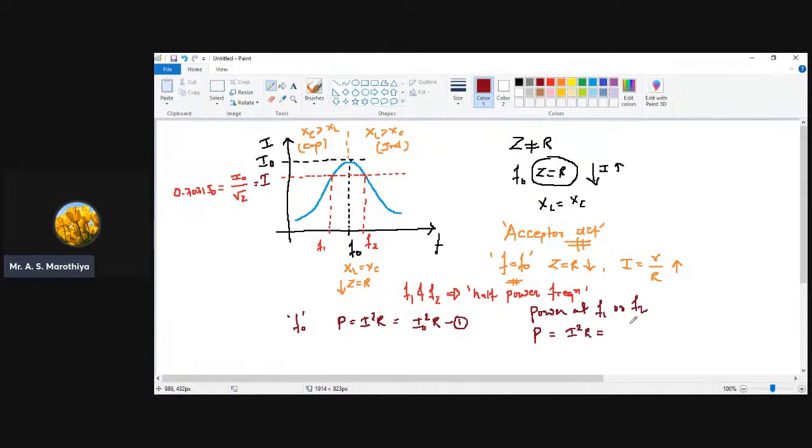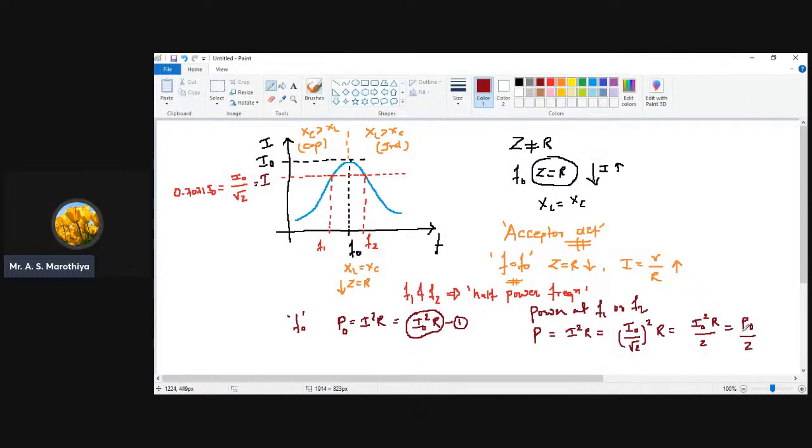So I write I naught by root 2, whole square, into R. If you solve this, I can write this as I naught square into R divided by 2. Now from equation 1, I naught square into R is nothing but the power consumed by that particular circuit at resonance condition, which is P naught. So this is going to be P naught divided by 2.